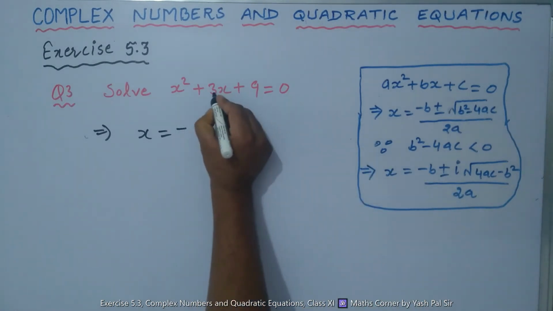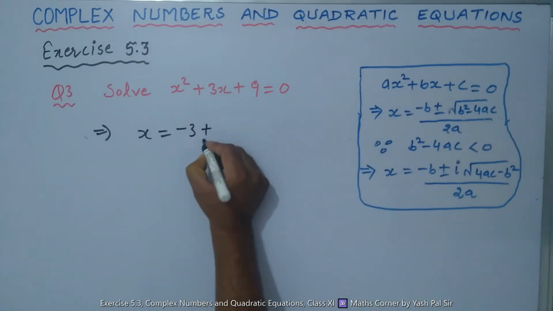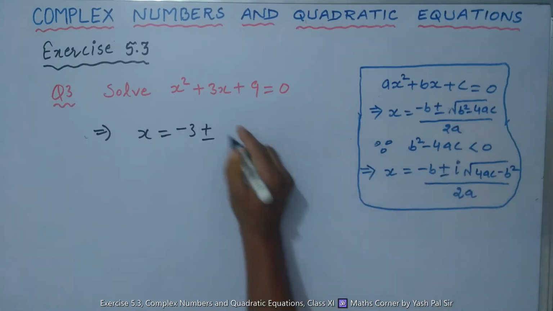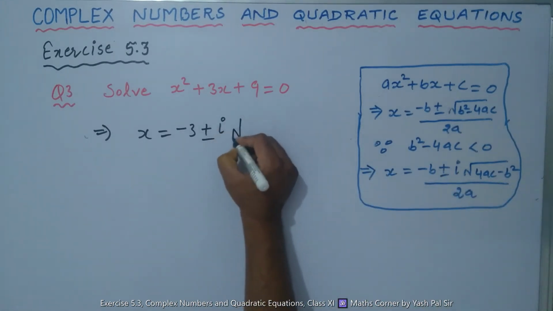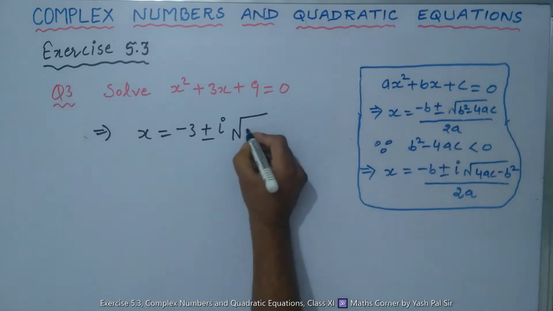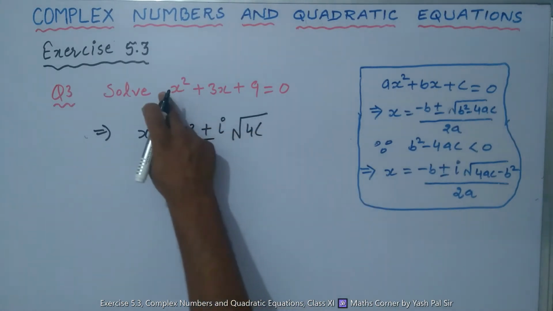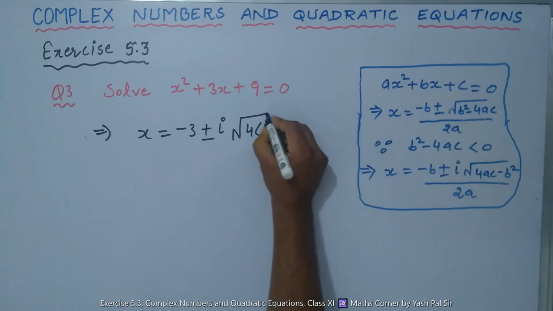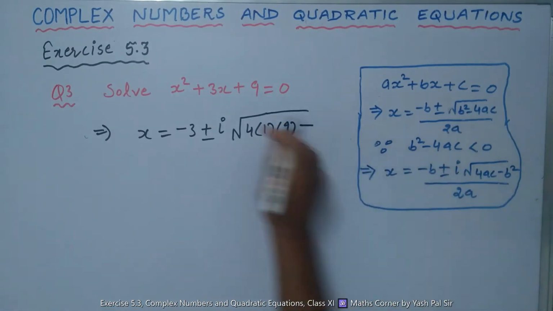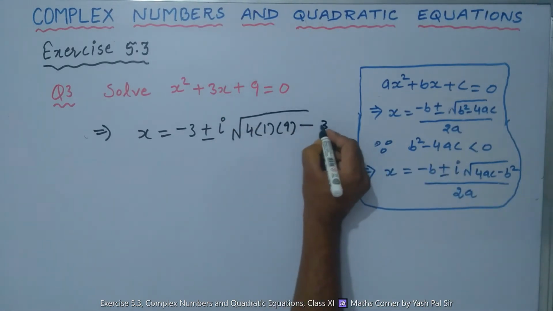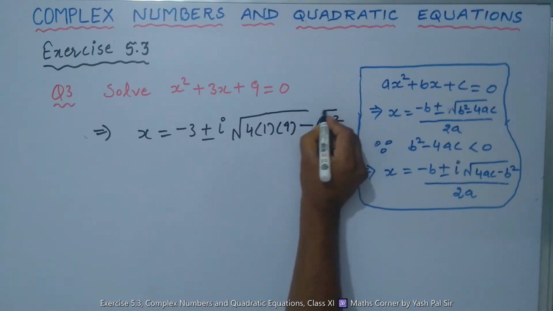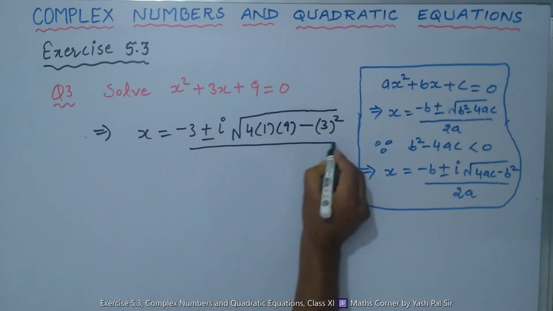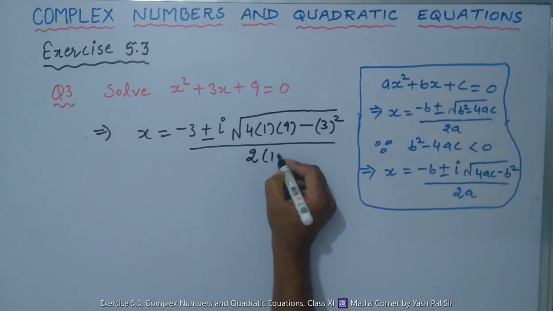So we write x is equal to minus b. What is b? This is 3. Plus minus, next is iota, square root of 4ac: 4 into a is 1, c is 9, minus b square. B is 3, 3 whole square, whole divided by 2a. A is 1.